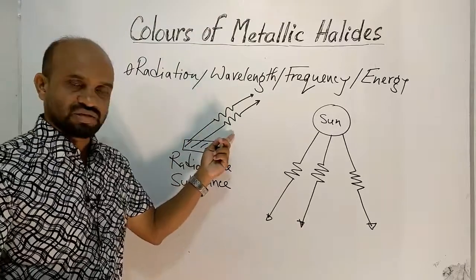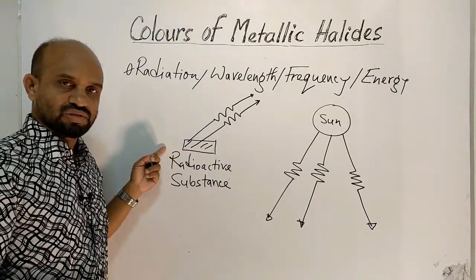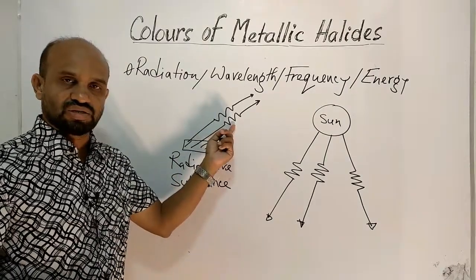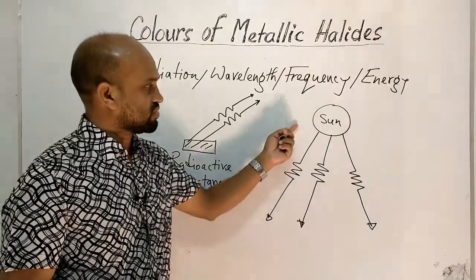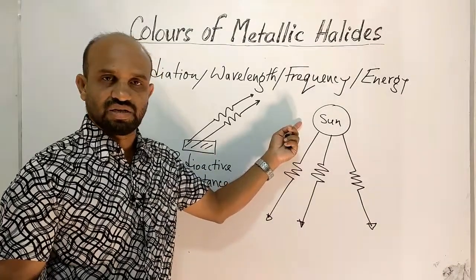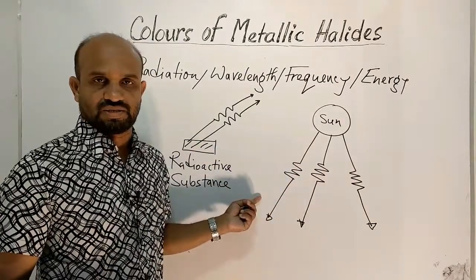So these rays that are coming out from radioactive substance are called radiation, and the rays that are coming out from sun as heat or energy are called radiations.